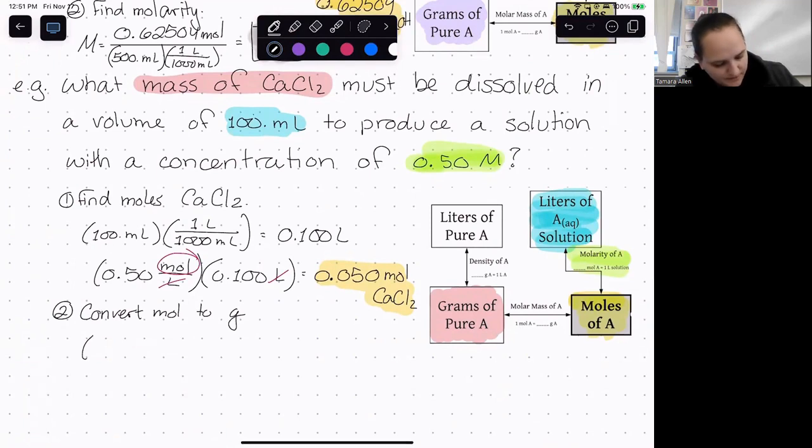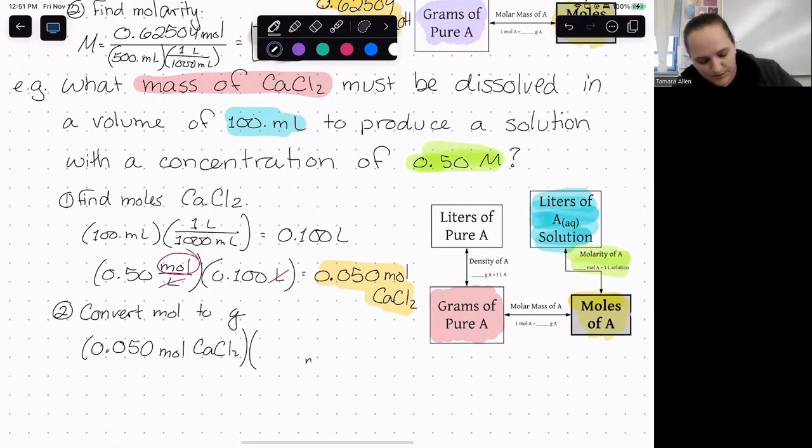So we have 0.05 moles of calcium chloride that we are looking to convert. Since we are starting in moles, we want moles on the bottom of our conversion factor and grams on the top.